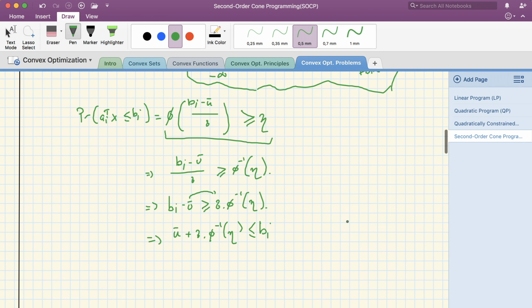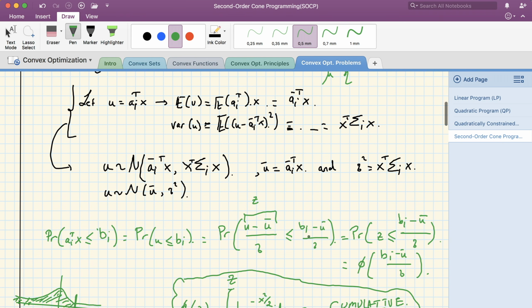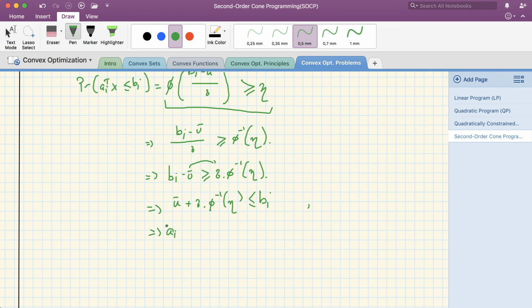Now replacing u bar with its corresponding equation, and sigma with its corresponding equation, we will get a_i bar transpose x plus, be careful, we had a sigma squared equal to x transpose sigma_i x.